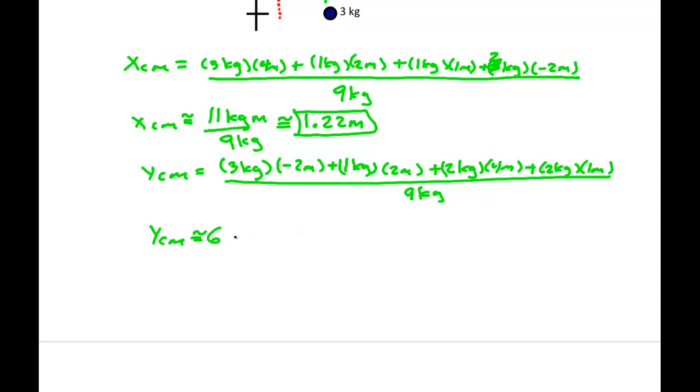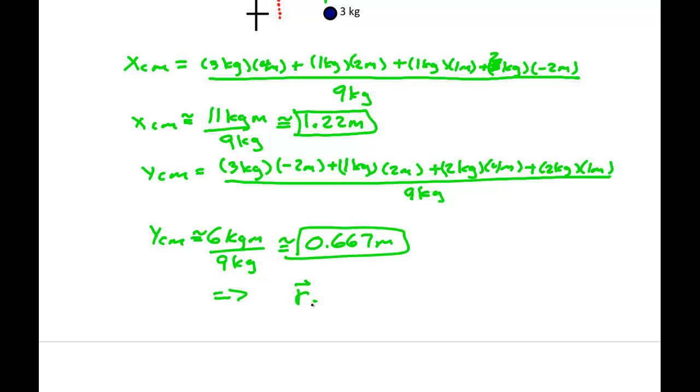So that would be 6 kilogram meters over 9 kilograms, 0.667 meters. So the center of mass is a vector whose location is 1.22 meters i hat plus 0.667 meters j hat.